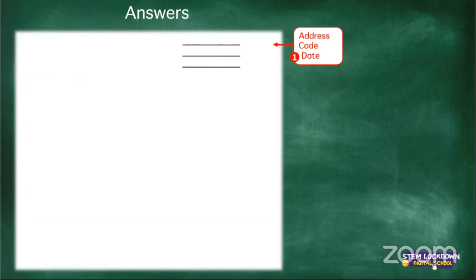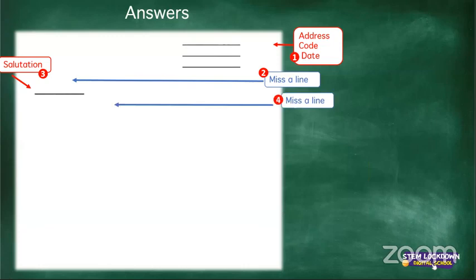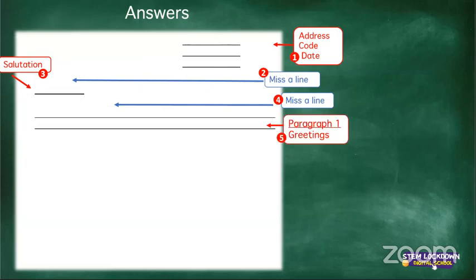Right, let's mark. So the first one for 1 mark is address, code, and date. Then miss a line, salutation, miss a line. Paragraph 1 is your greetings.